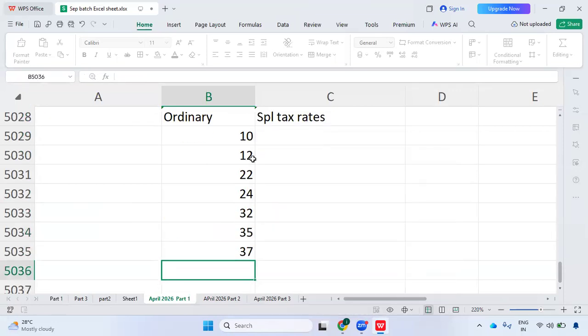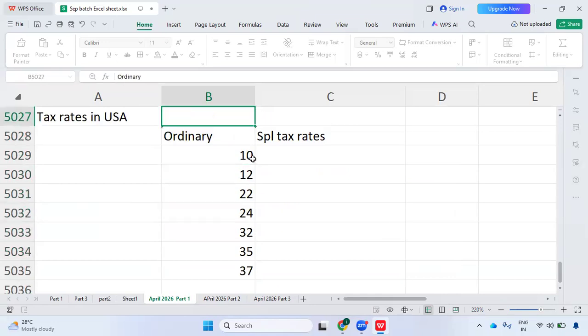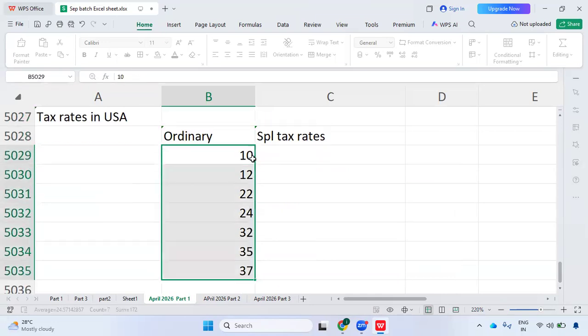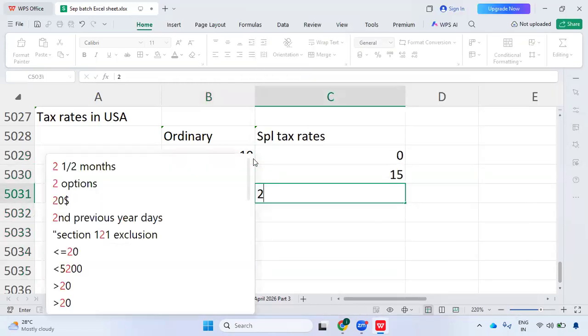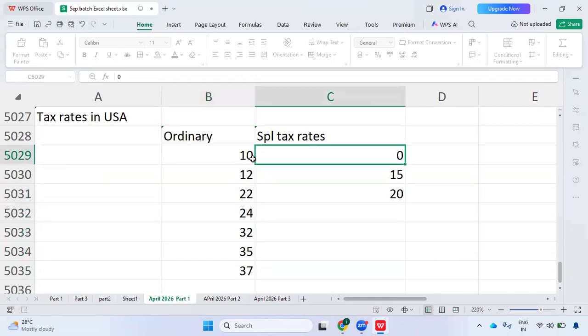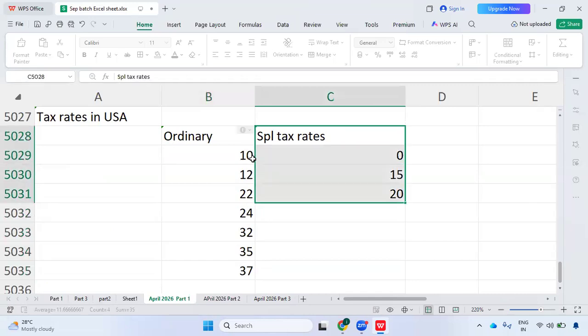Based on the filing status, as income increases, the tax rate increases, which is progressive income tax. No need to remember the thresholds, as they are in the material. Just understand the tax rates. Special tax rates are 0, 15, and 20.